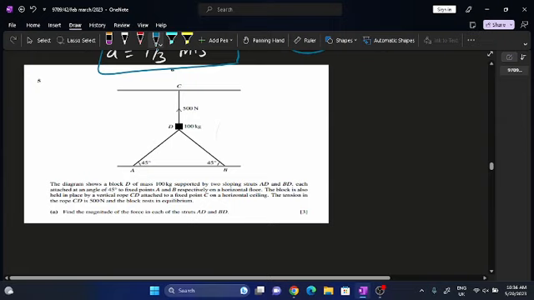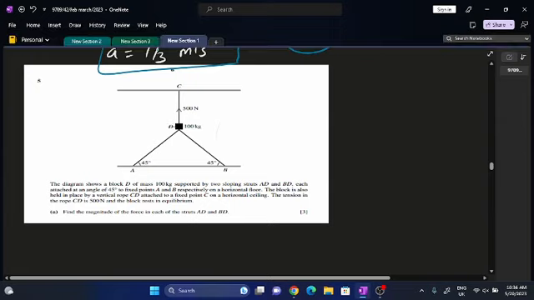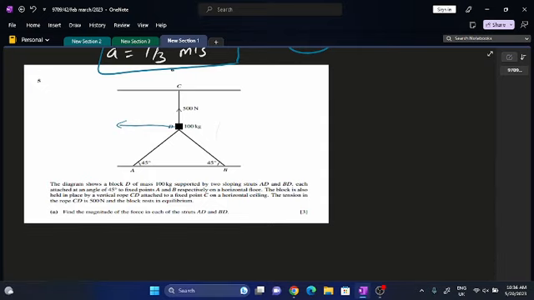Whenever I divide AD into its two components, the horizontal component can be written as TB cos of 45 degrees, because I mark AD with B and BD with A. So for DB it would be TA cos of 45 degrees, again.